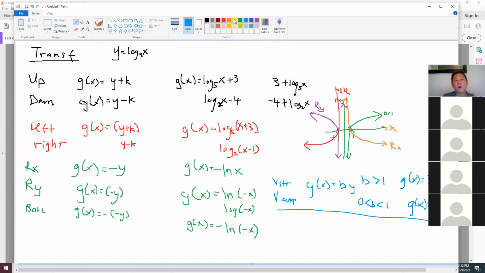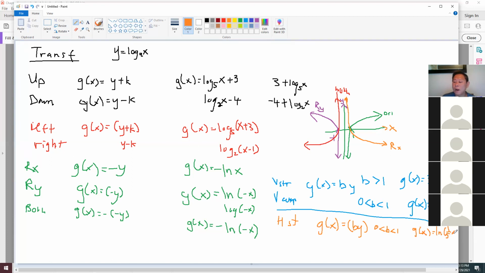And then we have the horizontal one. So these are everything we have. It's horizontal stretch. It's the same thing, but this time your b is inside your log, so it means we multiply. Again, you flip this, so your b is between 0 and 1. So example will be like ln of 1/5 x.